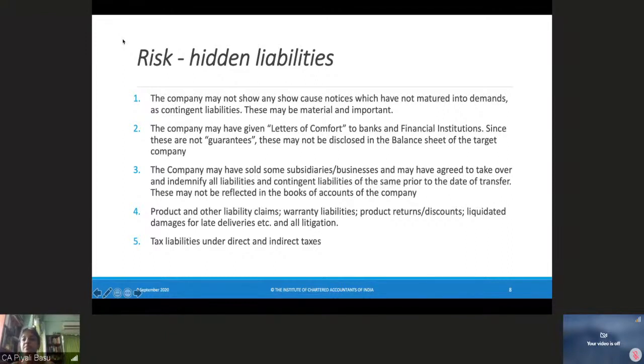Because this company is being sold, what impact will they have? Are they directly related to this company? Maybe they have common management. It could be a subsidiary. They can have common management, and hence they have given a letter of comfort.